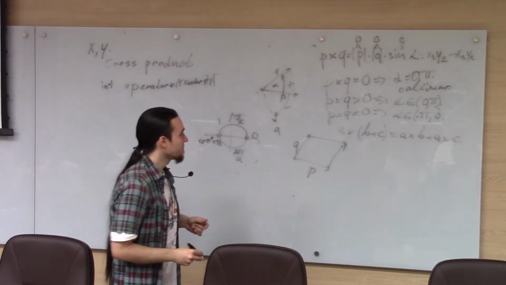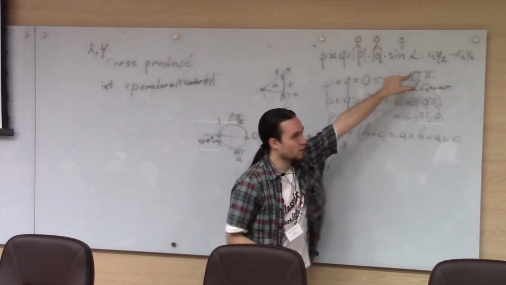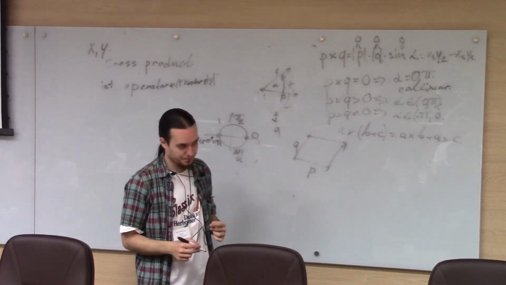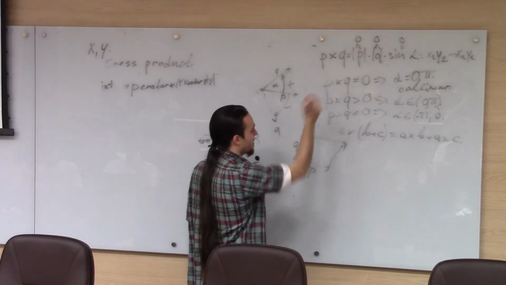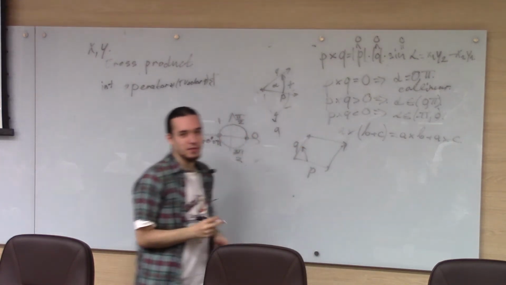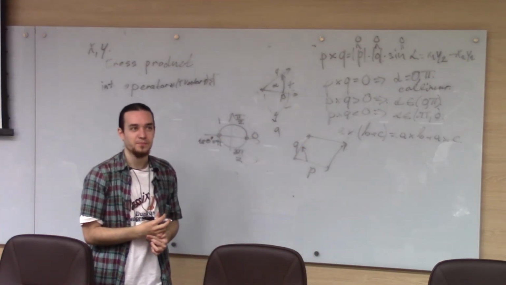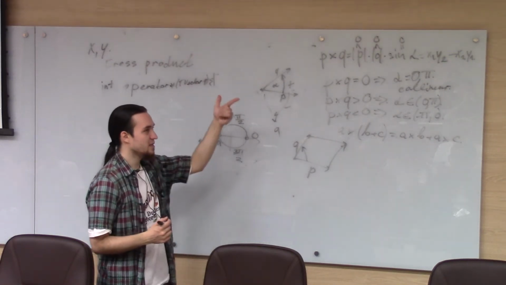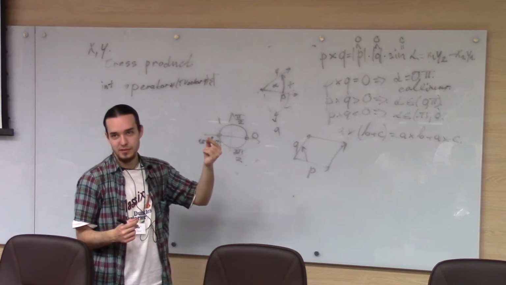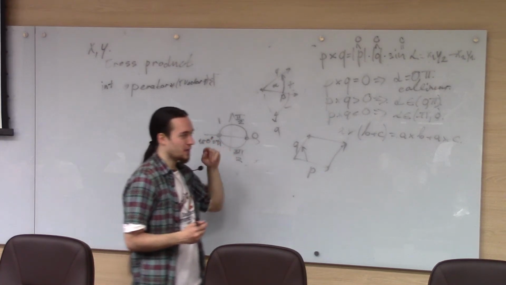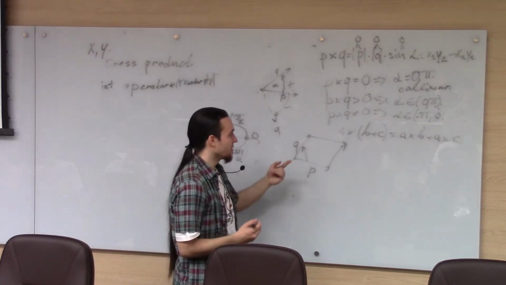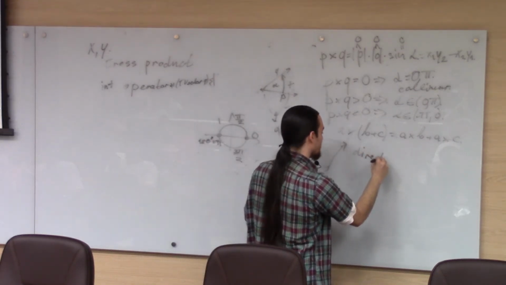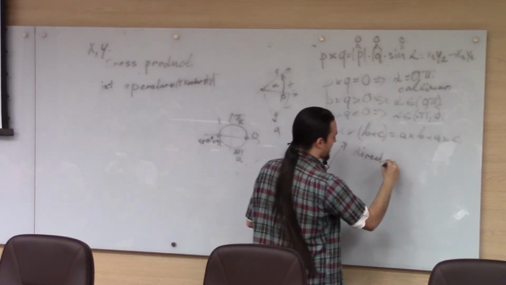Using these two vectors, and this quantity here is equal to the area of this parallelogram when the rotation goes counterclockwise. If it goes clockwise, then this quantity is equal to minus the area of the parallelogram. So this is usually called directed area, because it has to do with the direction of rotation between these sides.